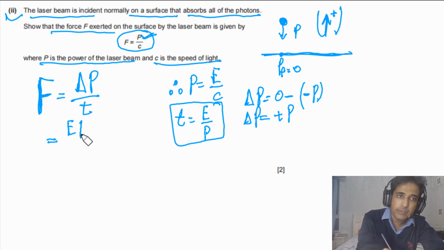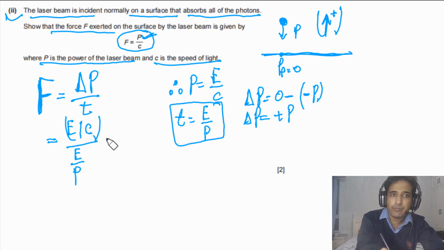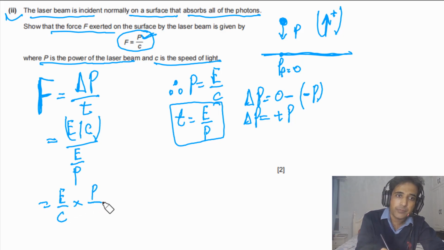So we have E over C divided by E over P. We can simplify: E over C times P divided by E. This E cancels with this E, so we get F is equal to P divided by C. This is how we can calculate force.